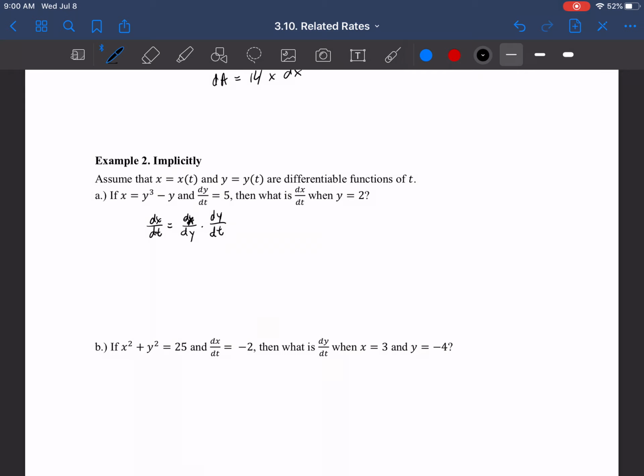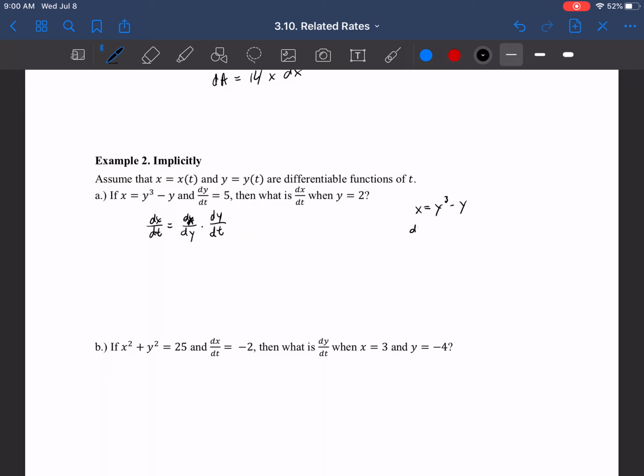Well, we know what dx dy is. We can just go ahead and do it right there. So we'll come over here and say x equals y cubed minus y.